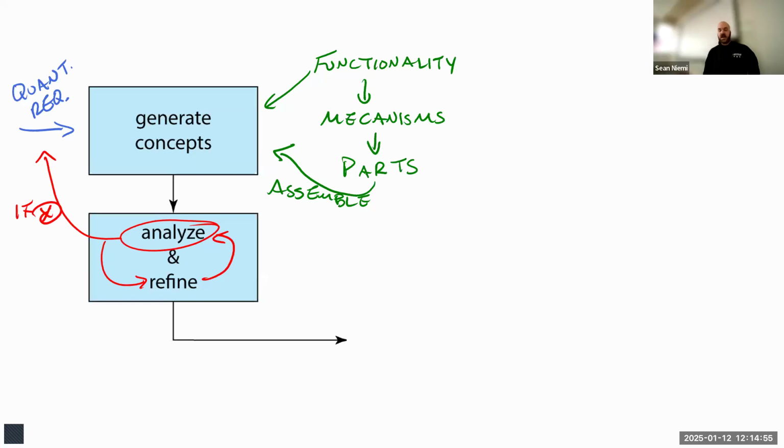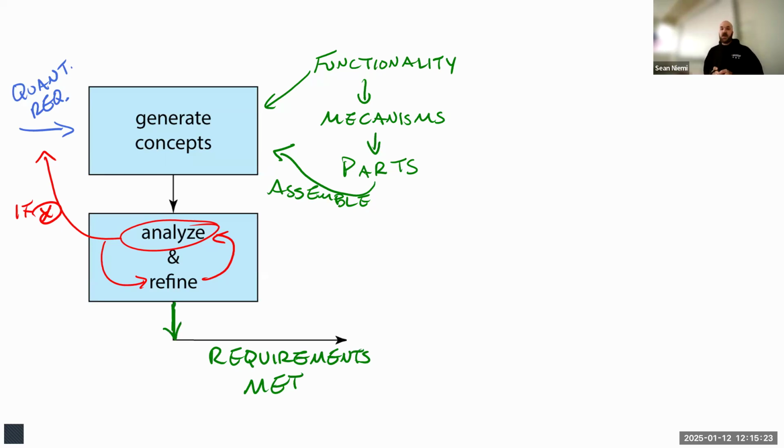We start taking our concept through this loop, time and time and time again, until down here, this outlet right here, my requirements are met. We keep on doing this loop until we can escape it, making sure that our requirements are met.